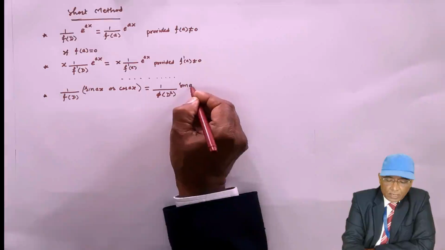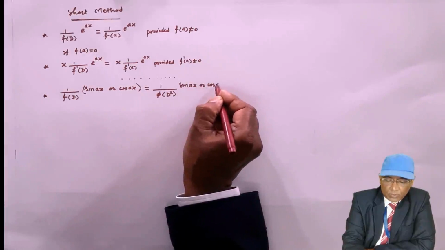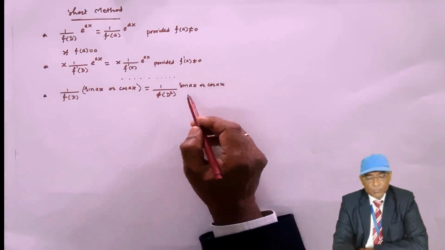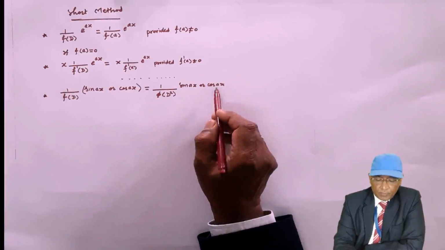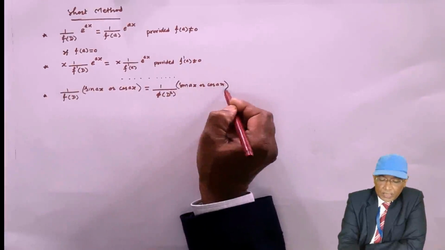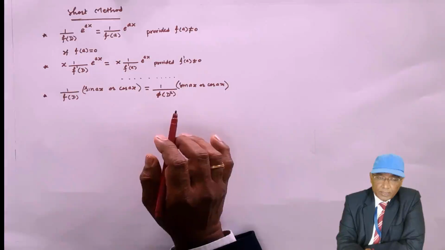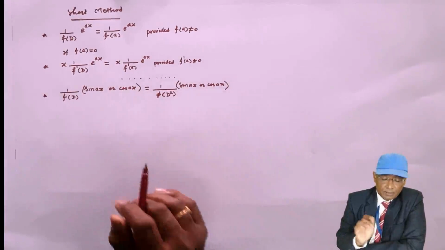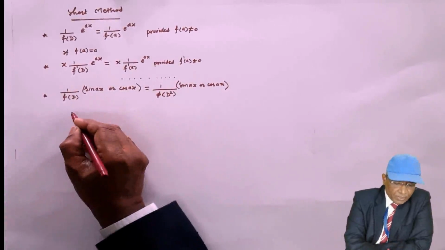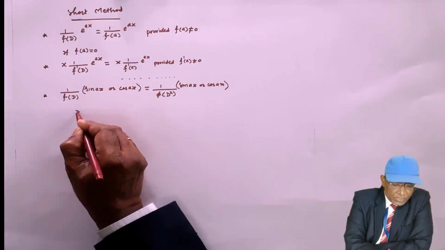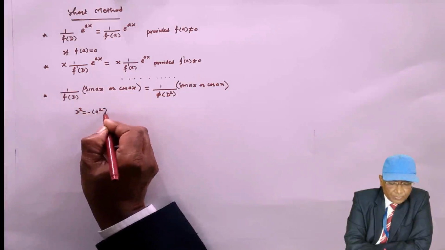So why did I write so? Because when you operate the operator on sin ax or cos ax, we can replace d square by minus a square only. We don't have the facility to replace d by any other constant. Our target is d square. So now replace d square by minus a square.